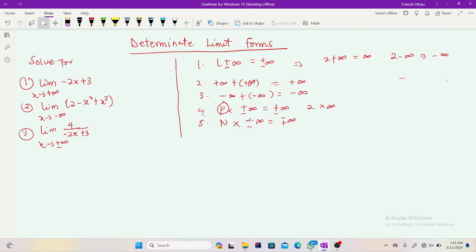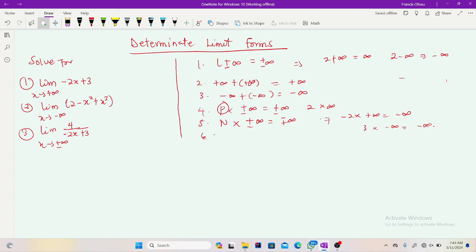For example, negative 2 times positive infinity gives negative infinity, because the negative sign affects it. Then 3 times negative infinity also gives negative infinity. So these are some basic determinate forms.